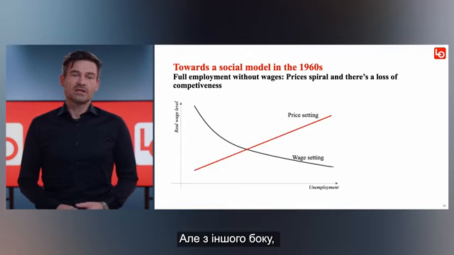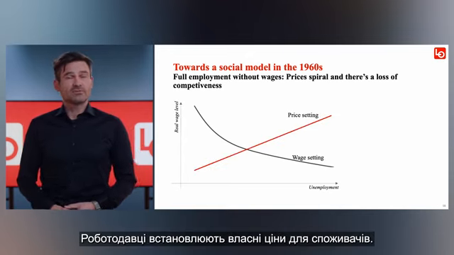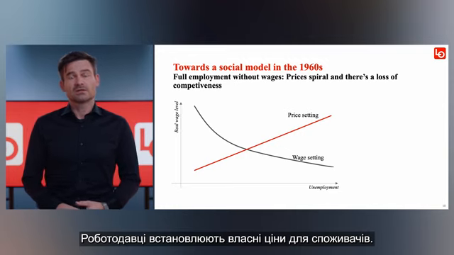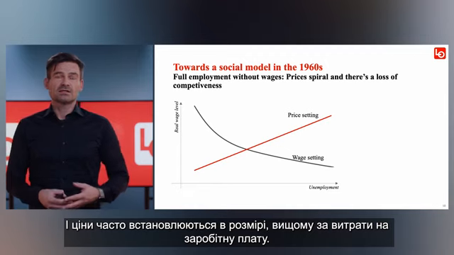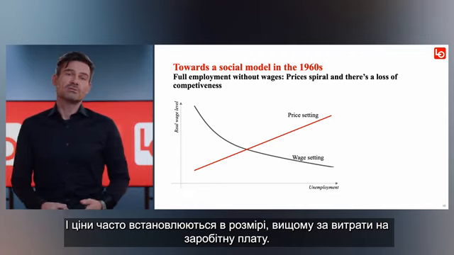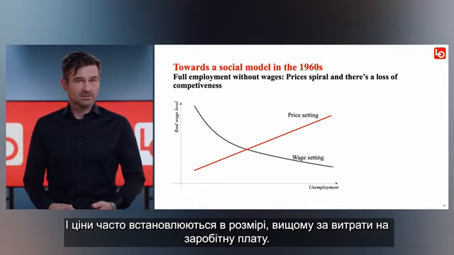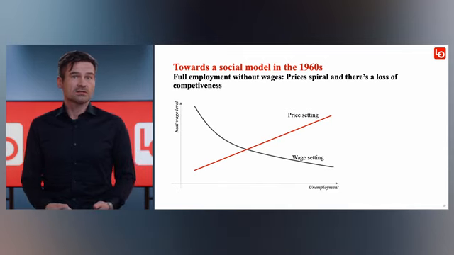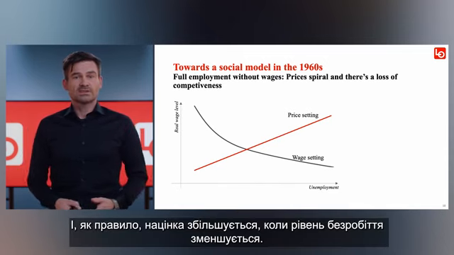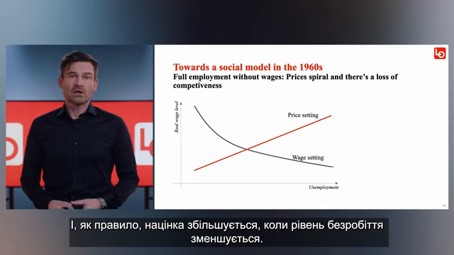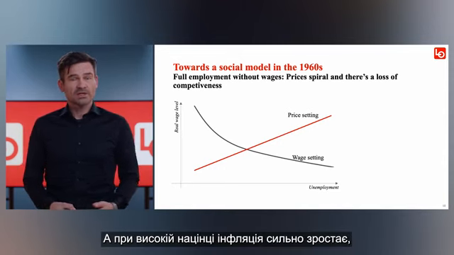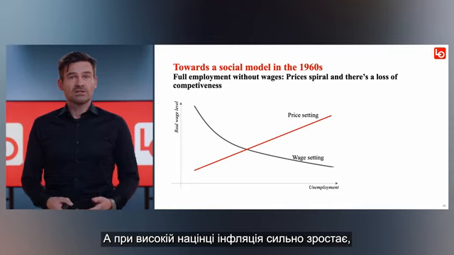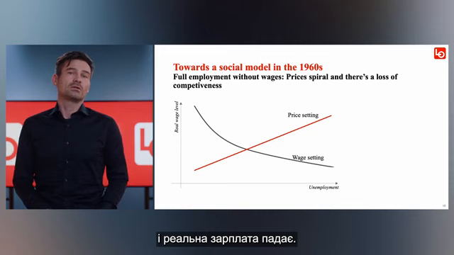But on the other side, employers set their prices to the consumers. And this is often set as a markup above costs, above the wage costs. And the markup tends to be higher the lower the unemployment. And when the markup is high, inflation grows and real wages fall.